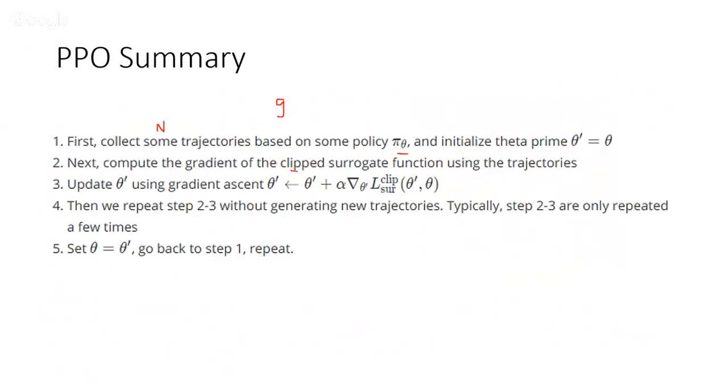Now we are using the clipped surrogate function so that the objective function doesn't go beyond a certain point that we just saw. We are clipping it so that the values of theta don't change drastically. The update will stop here. So we get that G, then we update theta prime, and then we repeat steps 2 and 3 without generating new trajectories.